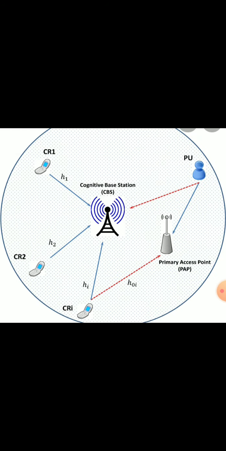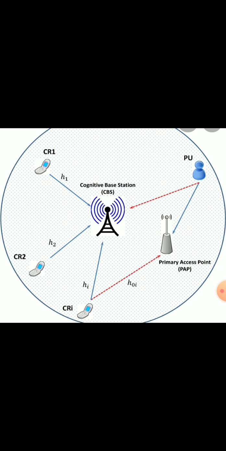What are the properties of a cognitive radio network? First is RF technology, which is related to spectrums and is the main property. Next is knowledge of primary users, since spectrum usage is a function of location and time.